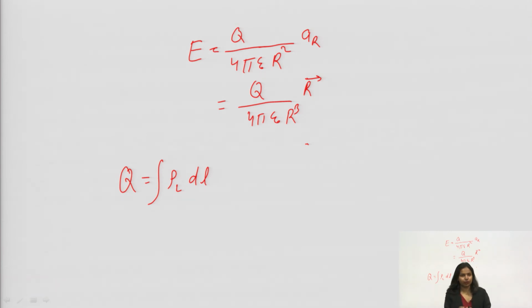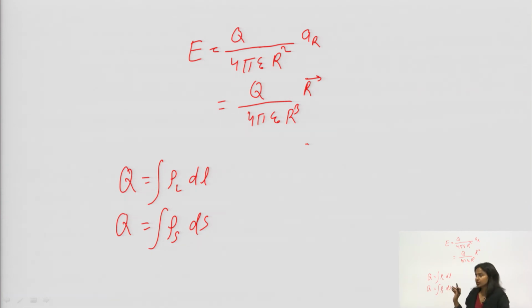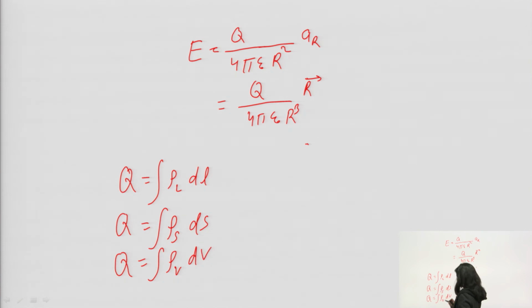If the question is for surface charge, then you need to replace this q by rho s ds. Further, if the question is for volume charge, you need to replace this q by rho v dv. In all these cases, you have to replace dl, ds and dv also.